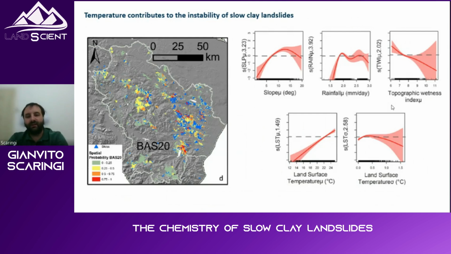Now, if you think about the two topics together, chemistry and temperature seem completely disconnected. But in reality, the fact that higher temperatures correspond to lower strength, and also higher compressibility, is very consistent with chemical processes that happen within the clay in the microstructure.